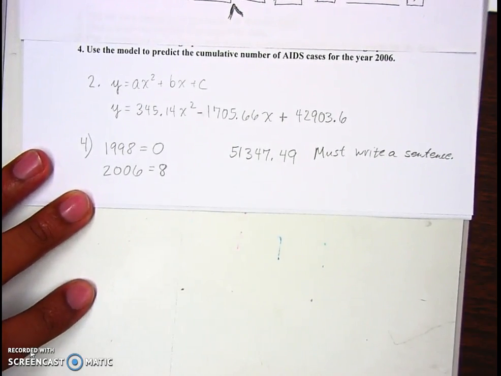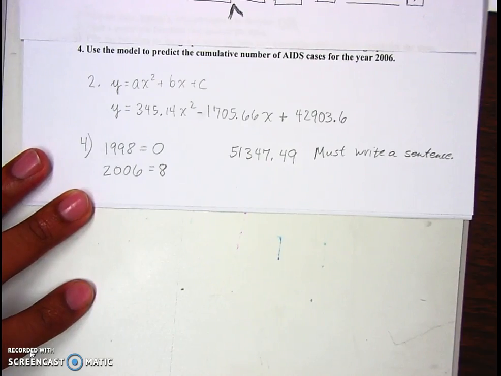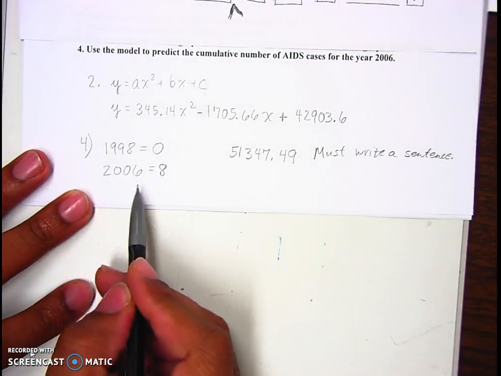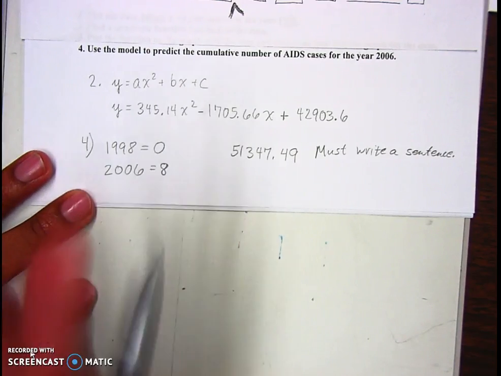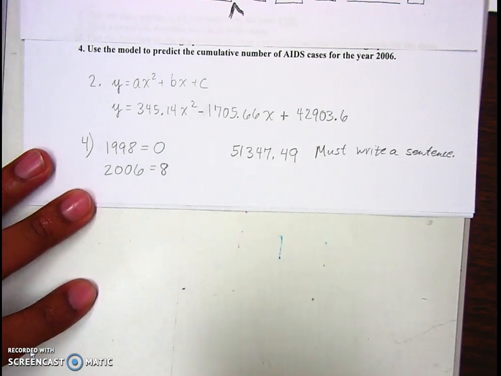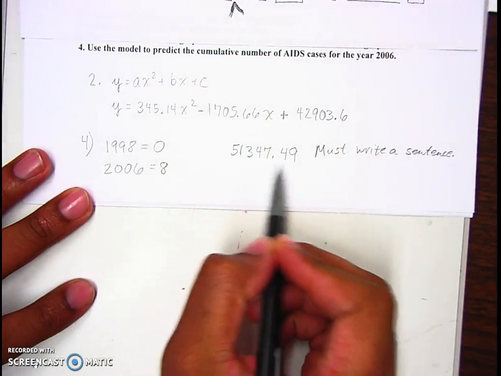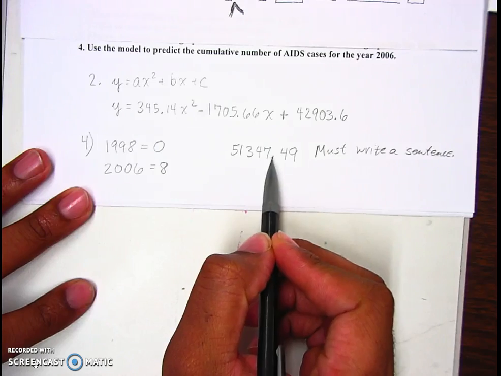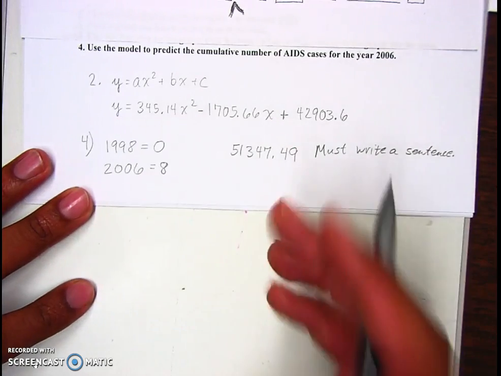So here, we're talking about AIDS cases in the United States, right? We're also talking about the year 2006. So when we write our sentence, it must have something to do with 2006, AIDS, and the United States. So let's write a sentence something like this. I'm going to round this to a whole number, simply because you can't have 0.49 of a person or 0.5 of a person. You can only have a whole number.